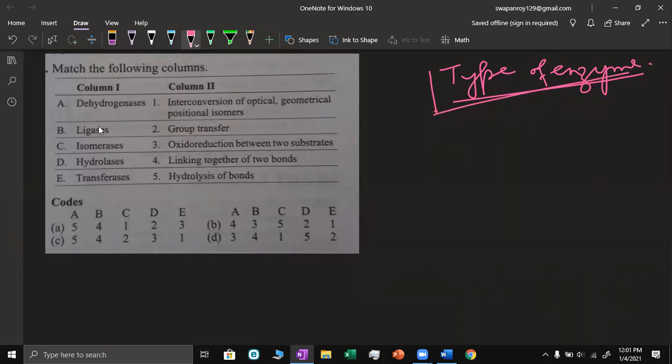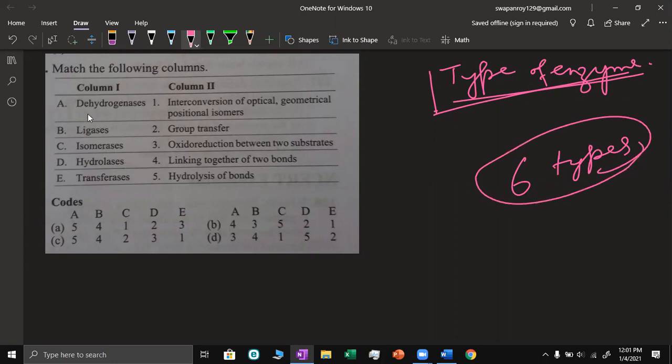There are five of these given, but there are six different types of enzymes. One that has not been given here is lyase. Here we have dehydrogenase, ligase, isomerase, hydrolase, transferase.